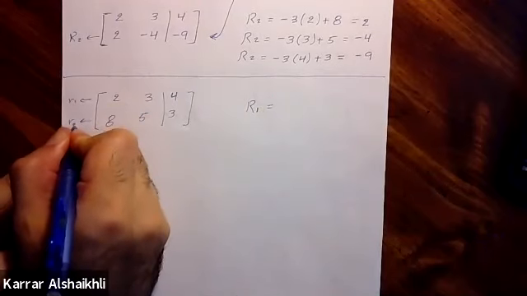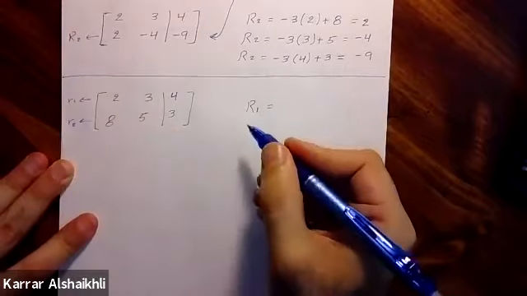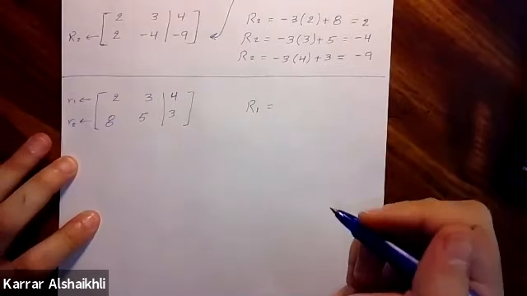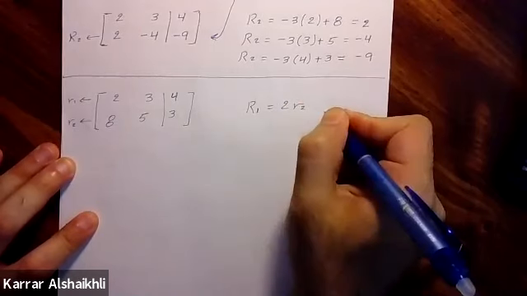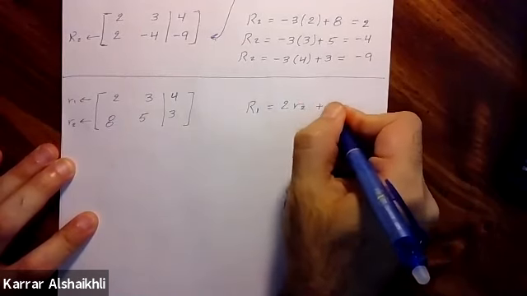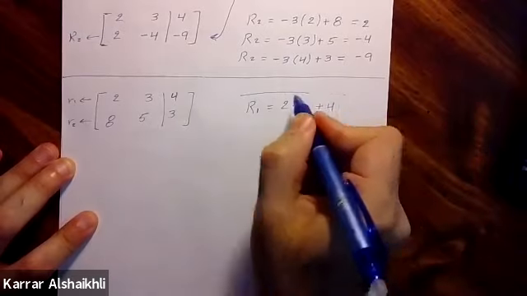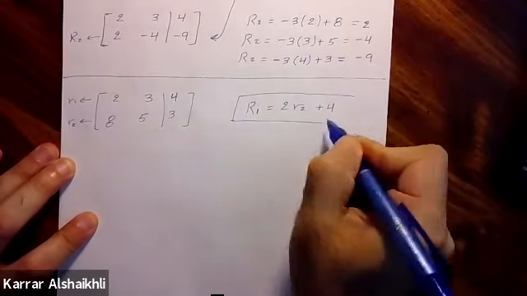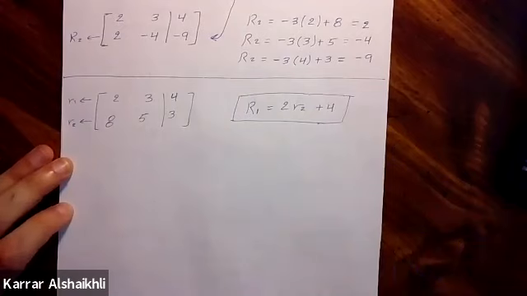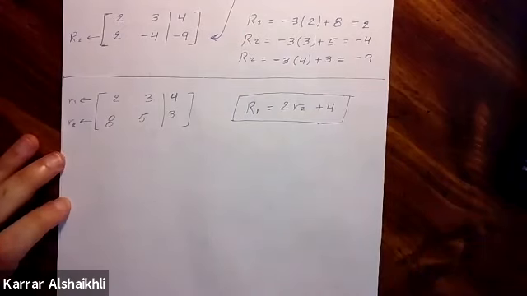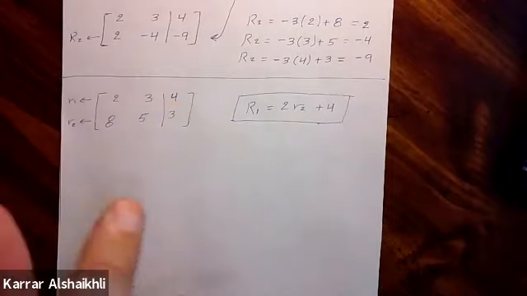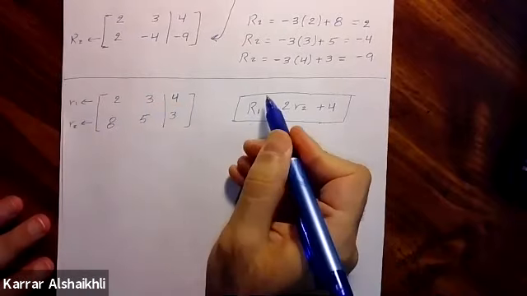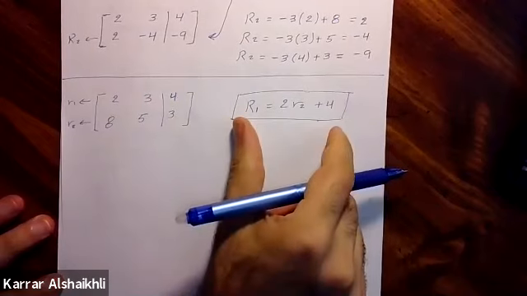This is the old R2. I need to get a new R1. How are we going to get a new R1? 2 times R2 plus 4. So here's the rule to get the new R1. You see, this is the equations. This is the matrix. I need you to get a new R1 by using this rule.